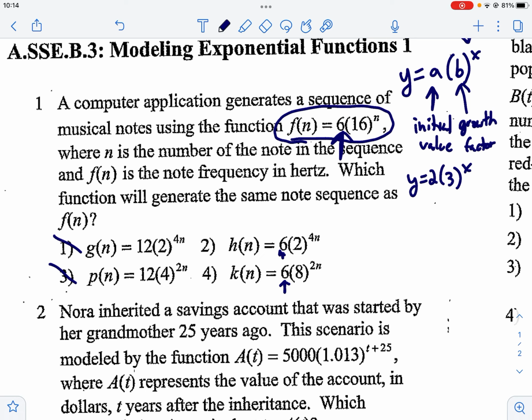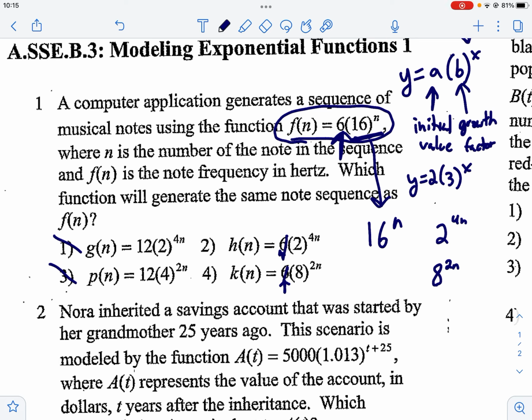The second clue that we're on the right track is to think about how the growth factor can be manipulated. If we're keeping that initial value the same, we're trying to think of which of the following is the same as 16 to the n. So, answer choice 2 says 2 to the 4n. Answer choice 4 says 4 to the 2n.